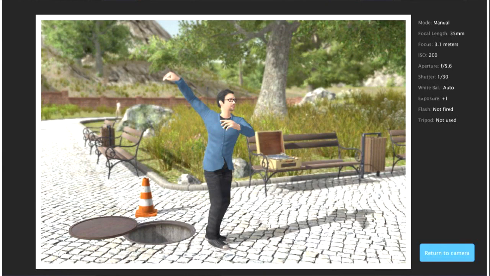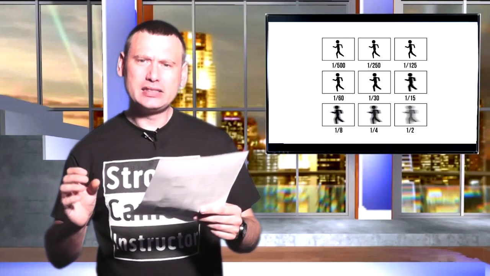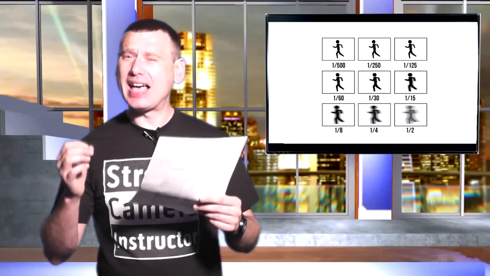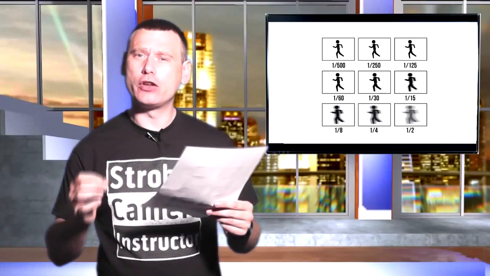When you use shutter speed to slightly underexpose a photograph, you're giving your photograph a more moody, dramatic, eerie feel. So shutter speed is a valuable tool that you really need to master and experiment with as a new photographer.